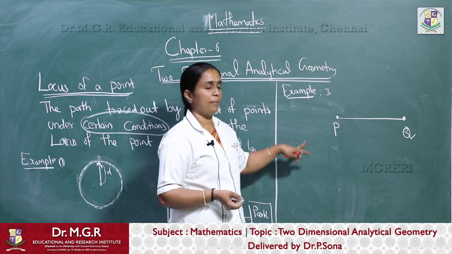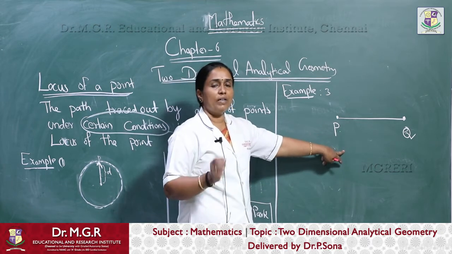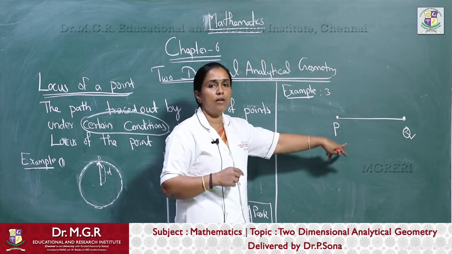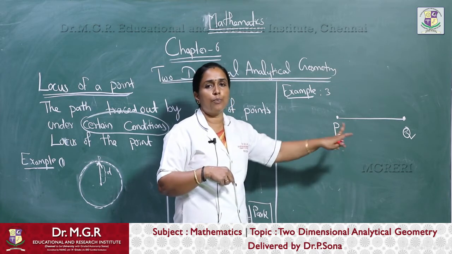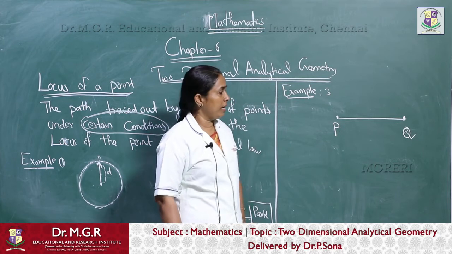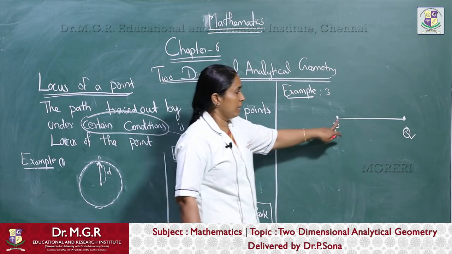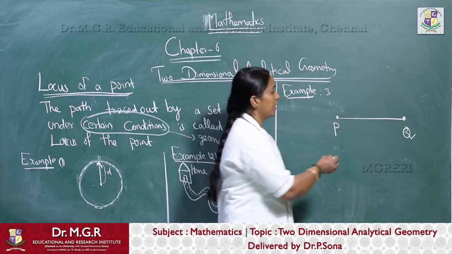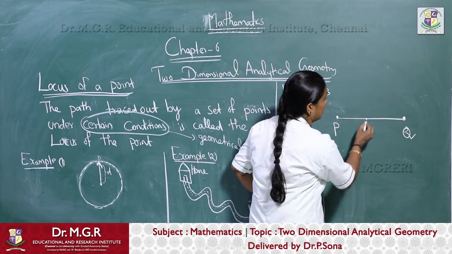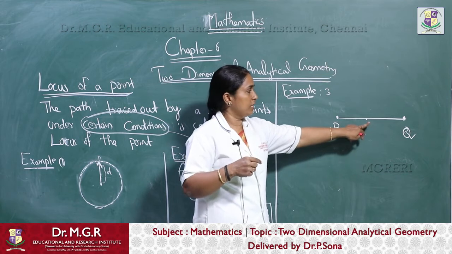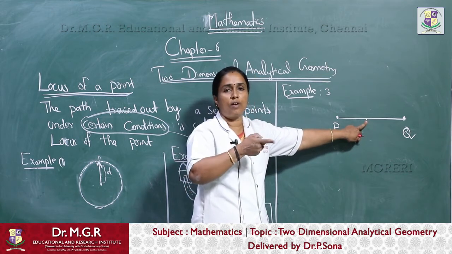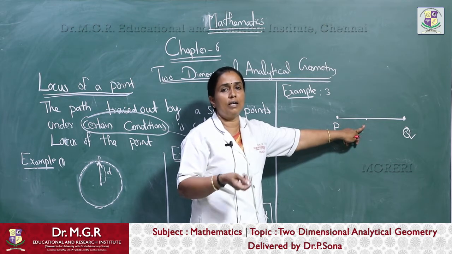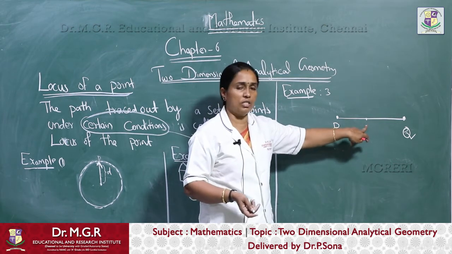Now the question is, what is the locus of the point which is equidistant from these two points P and Q? How can you find the equidistant points? You see, this is the point P, this is the point Q. Equidistant means definitely we can take the center. The center point is definitely equidistant from both the points. Similarly, how many points can we find? There are infinitely many points we can find in this case.